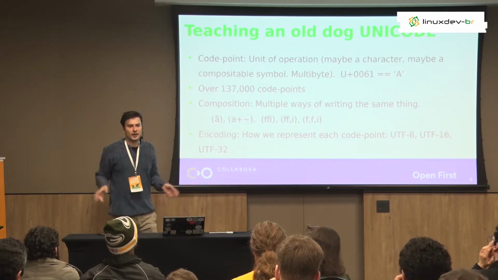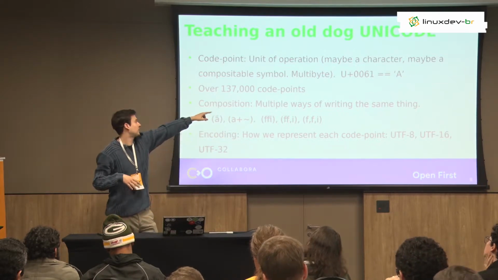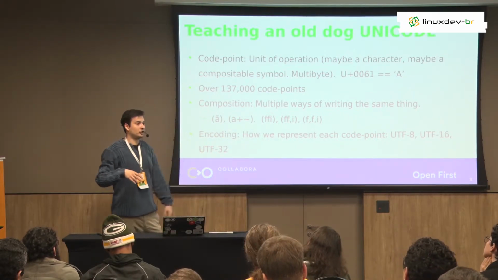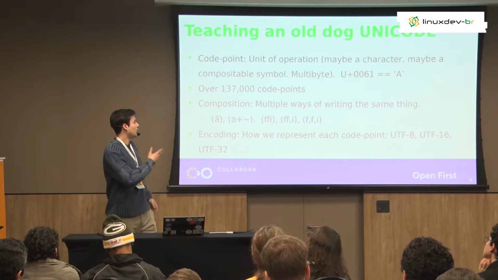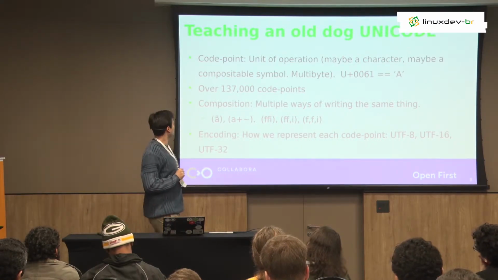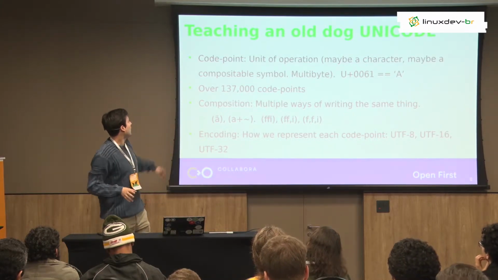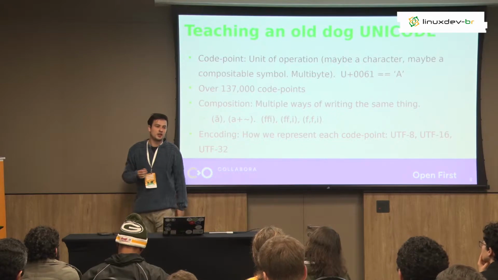And it's more than 1 byte, usually. For ASCII stuff, it's compatible, so it's exactly the same ASCII number. But for some more fancy stuff, it can be as long as 4 bytes in the worst case. Anyway, we have now over 100,000 code points defined.